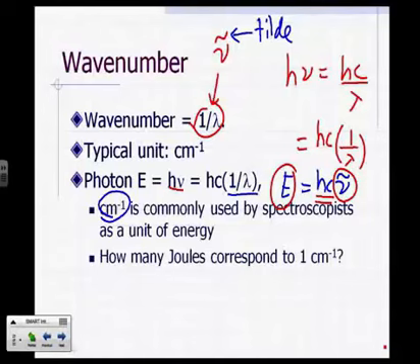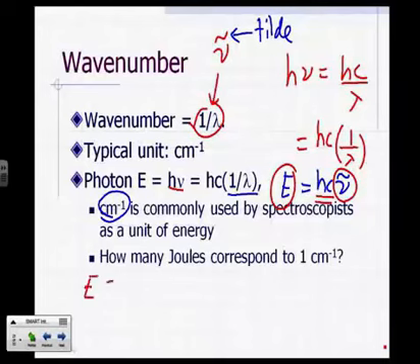In fact, you can use frequency as a unit of energy, but reciprocal centimeters give such nice, easy numbers to deal with when dealing with light. So how many joules would actually correspond to one wave number?